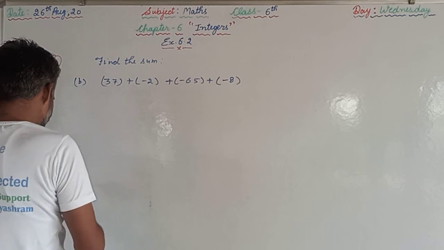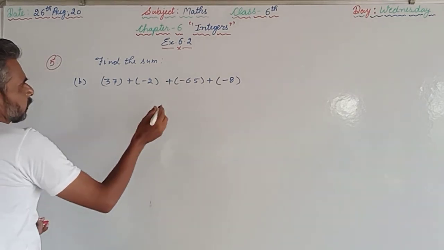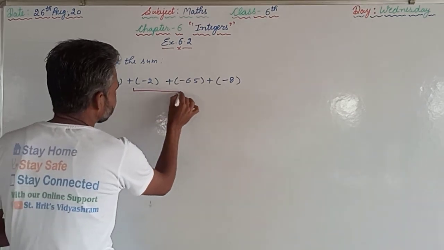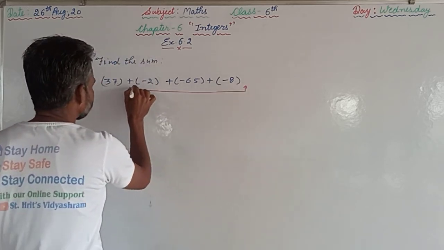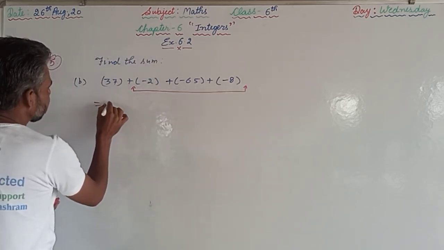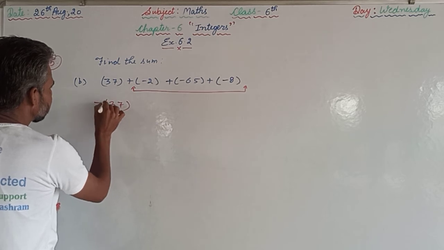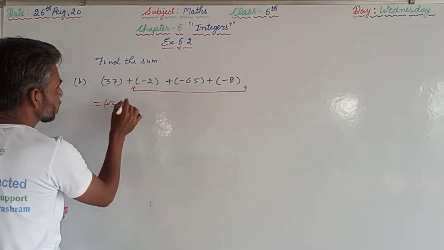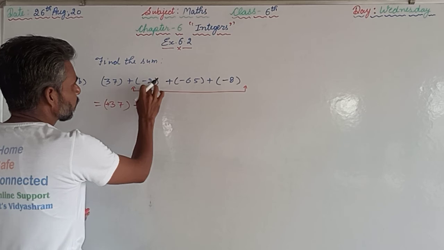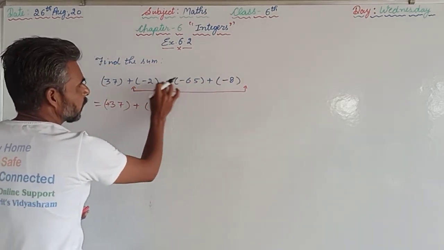So here we will again collect the terms having the same sign. So these are the terms having the same sign. 37 is having the plus sign, nothing is there means plus is there, and all the others are having the negative sign.